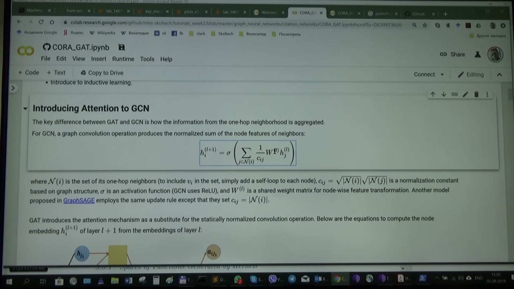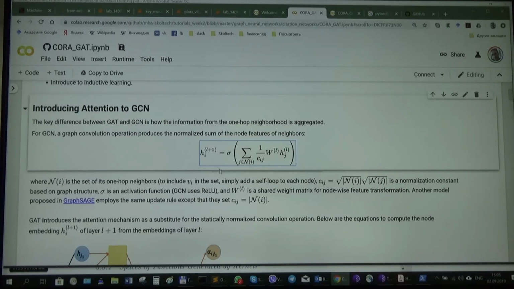In GCN, weights are the same for all of the possible edges. But you can also use something that effectively labels edges and applies different weights to edges with different properties. That's another flavor of graph neural networks.